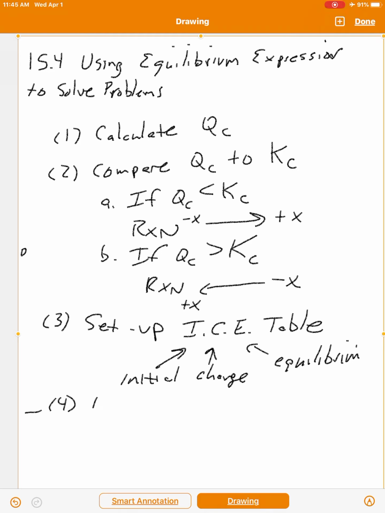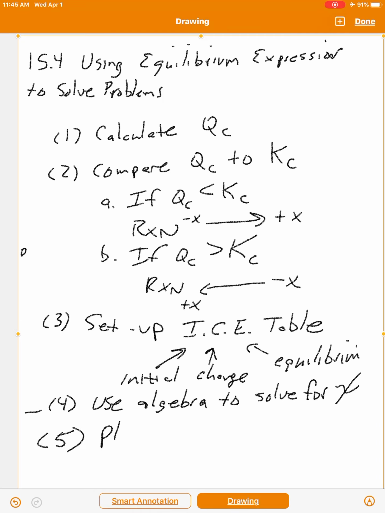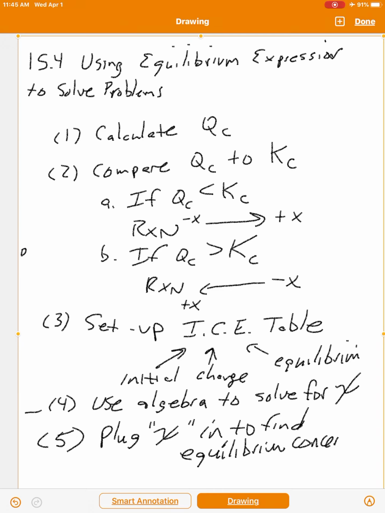Then use algebra to solve for x. And then plug that value in to find the equilibrium concentrations.